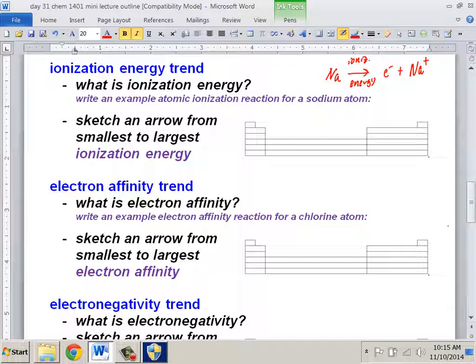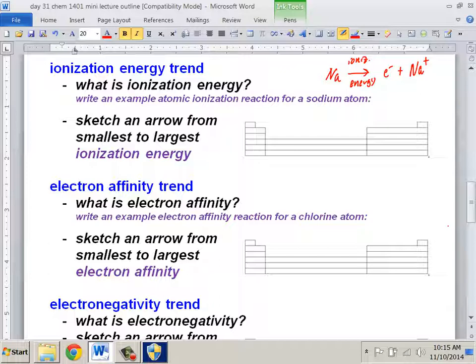It's much more dense. It's much smaller. Shouldn't they have different ionization energies? Steph, which one would have a higher ionization energy? Which one would it take more energy to pull an electron out of? The smaller one, exactly. So if you think of it that way, you just draw the opposite trend line from the one we did for size.